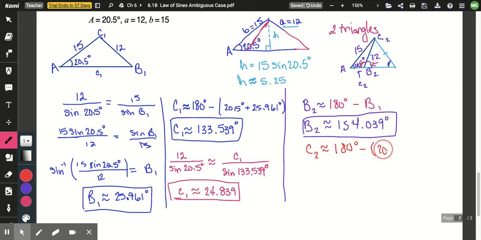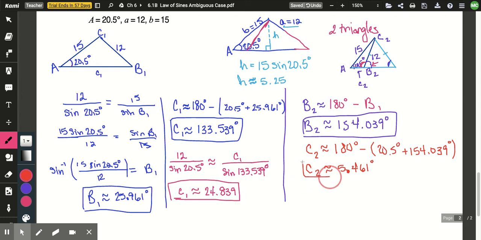So that would be 20.5, my given value, plus B2, which is 154.039 degrees. And then I'll pop that in my calculator to find out what that is approximately. And I get 5.461 degrees.